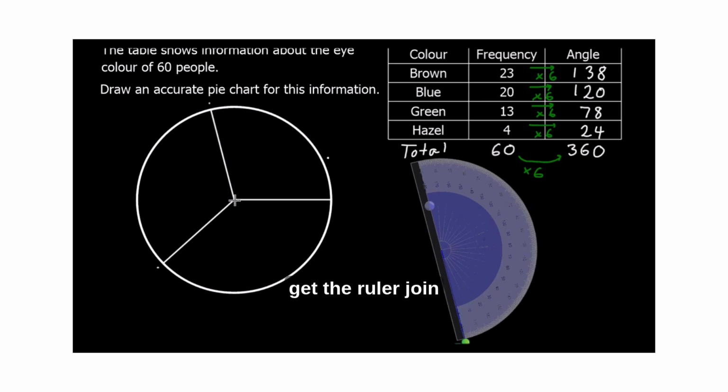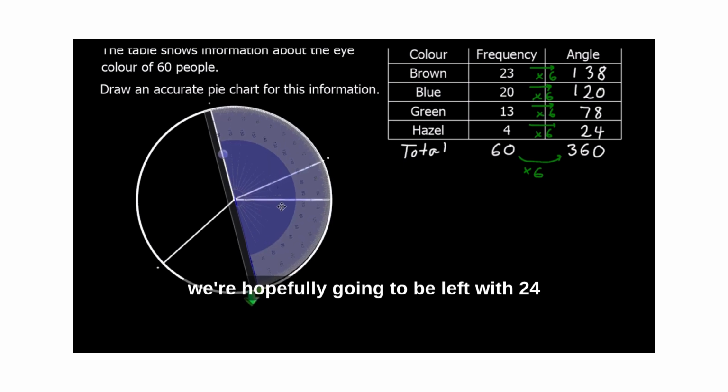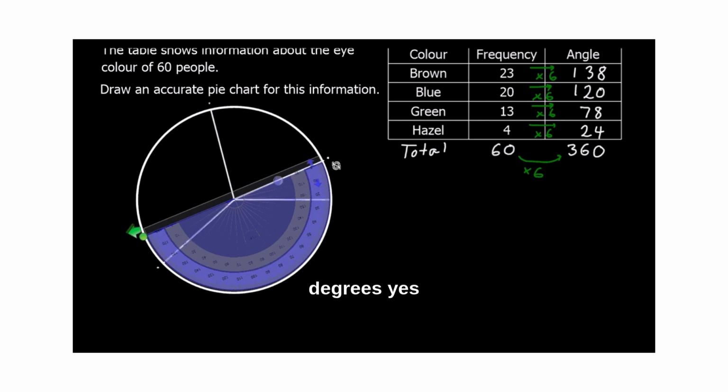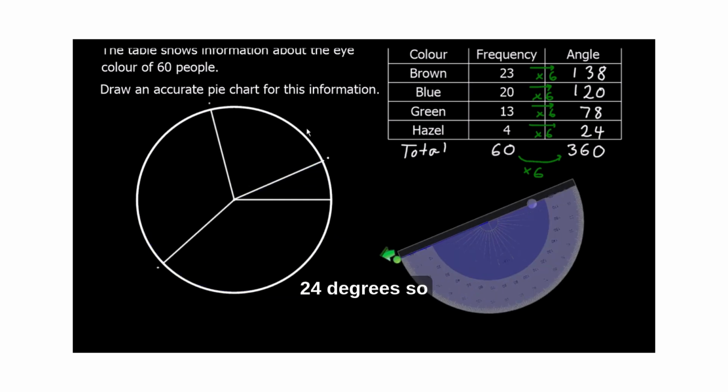And get the ruler. Join from the center of the circle to our point. And we're hopefully going to be left with 24 degrees. Yes, 24 degrees.